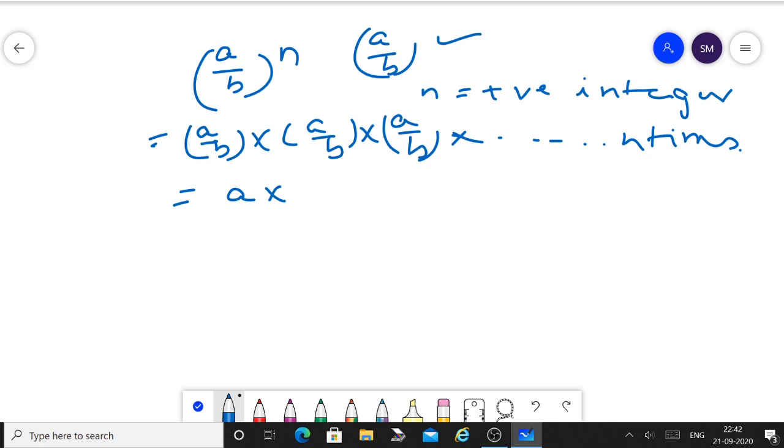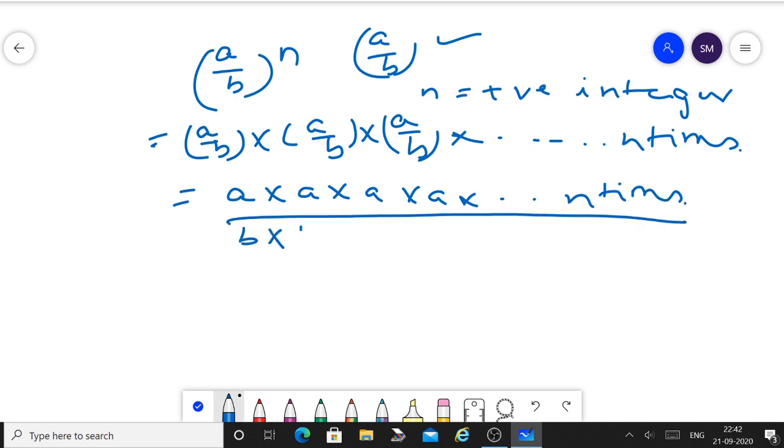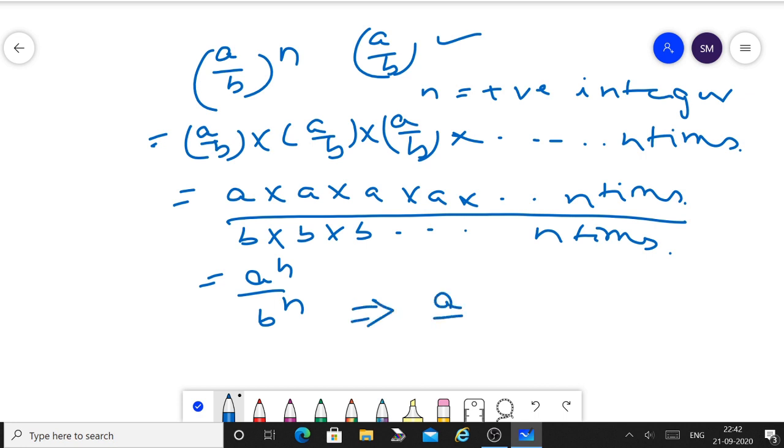This means a into a into a, n times, upon b into b into b, n times, which means a to the power n upon b to the power n. So what is the conclusion? a upon b to the power n is equal to a to the power n upon b to the power n. Take an example for clarification.